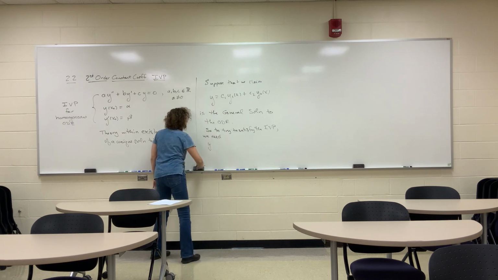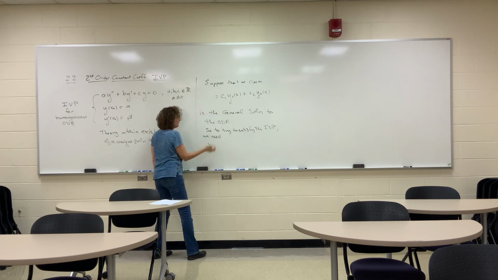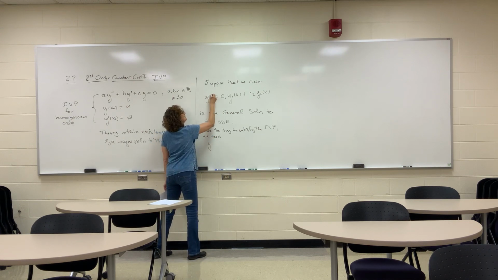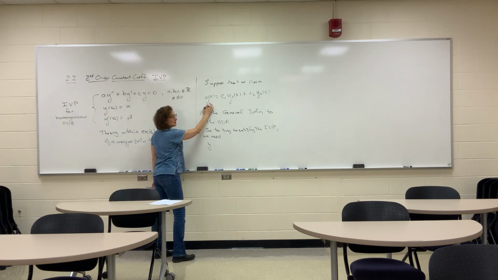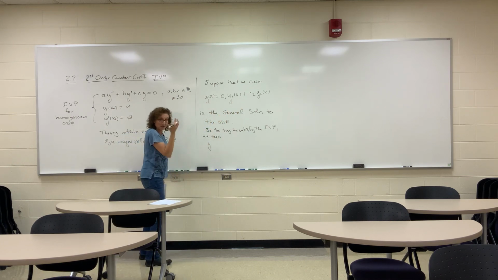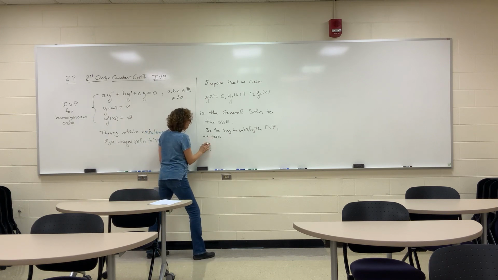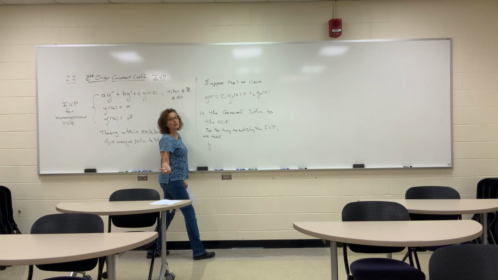So this guy, this is y as a function of x, right? So just to be more explicit, all possible solutions are a linear combination of these two special ones that we found that for constant coefficient are relatively easy to find, right? Regardless of which case we're in, right? That's what all those other videos were about.